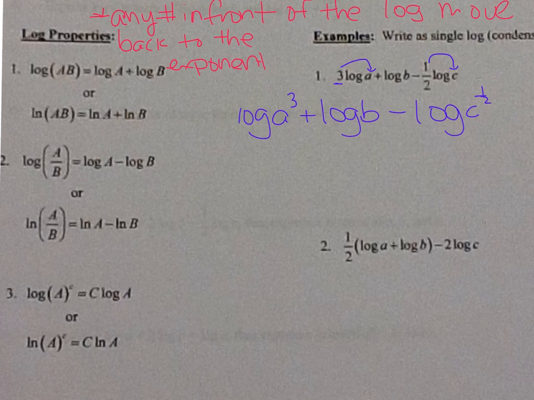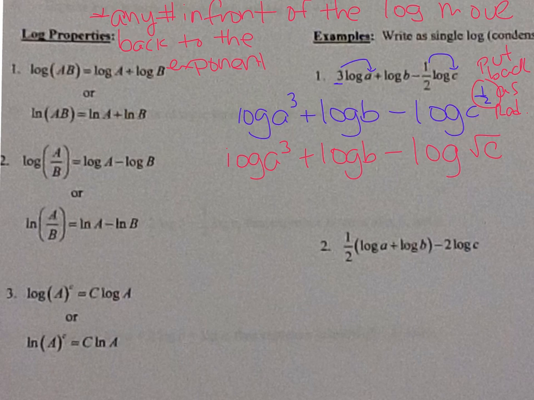Now before you start putting things together, you want to put that back as a radical. Remember, a 1/2 would be a square root. So this would be log A to the 3rd plus log B minus log the square root of C.